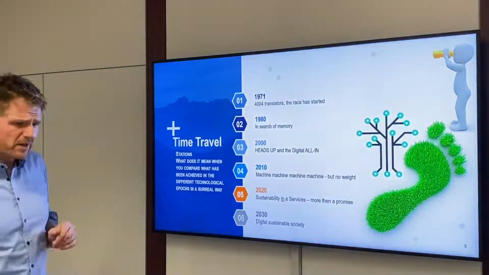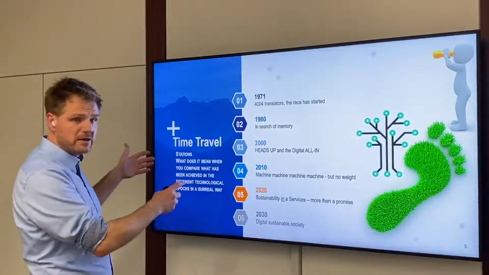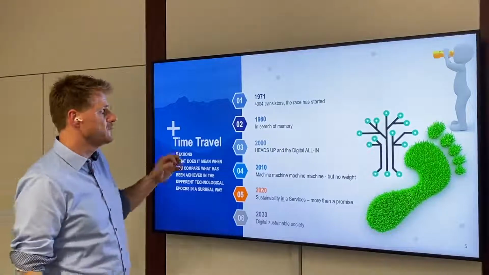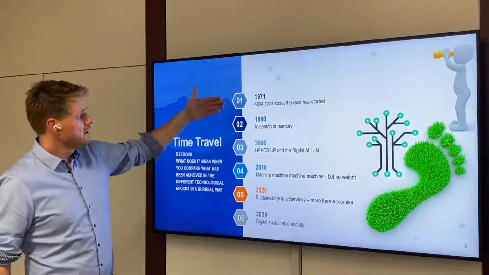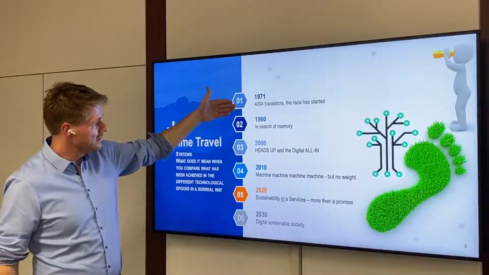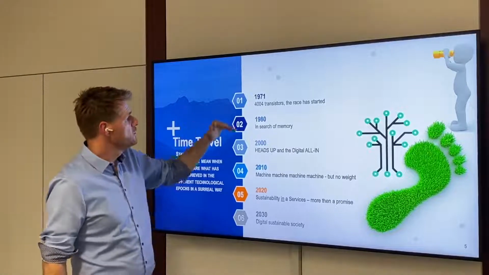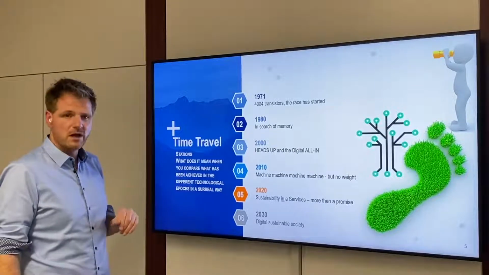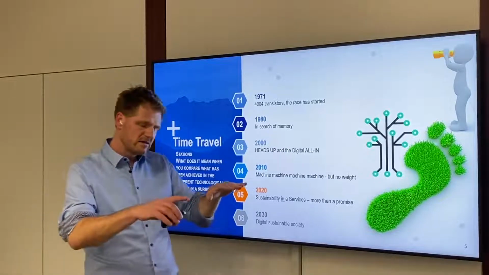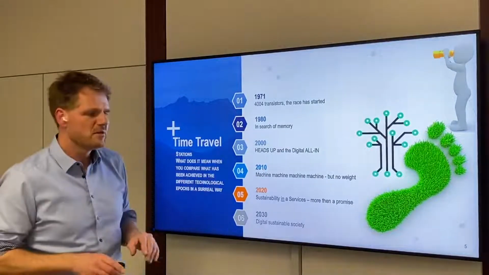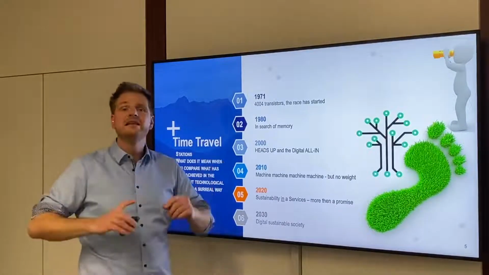To get an impression of what happened in the last 20, 30 years, you have to look at technology evolution in two areas. In 1971 the 4004 was introduced, then in the 80s memory was a topic, and in 2000 you could identify a head-up of two technologies where the digital all-in started.